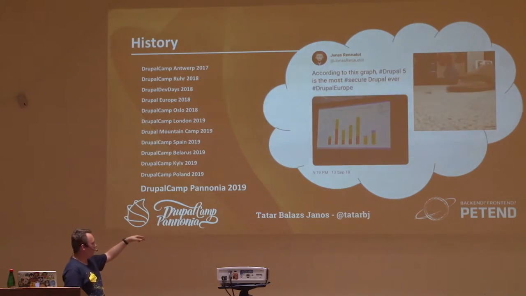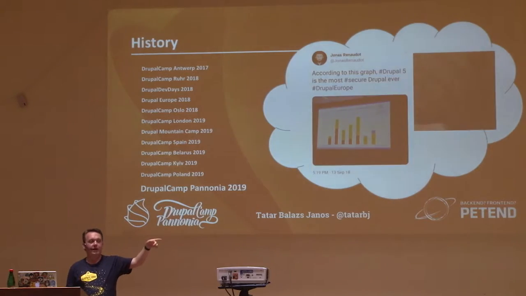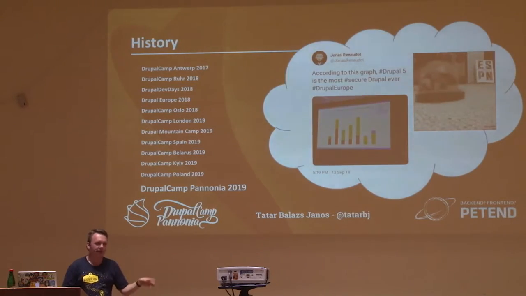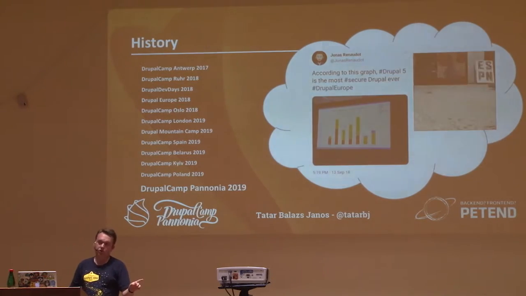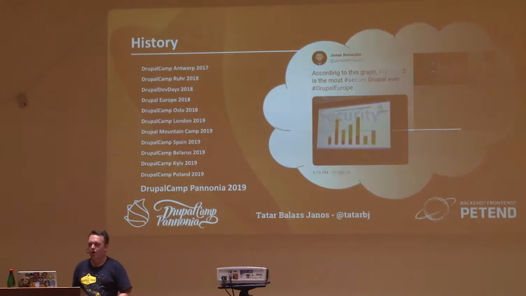And XYZ tweeted, according to that slide, Drupal 5 is the most secure. Nope. Do not get me wrong, if there is a core version that is not maintained anymore and we don't get new advisories, it doesn't mean it is secure, right?